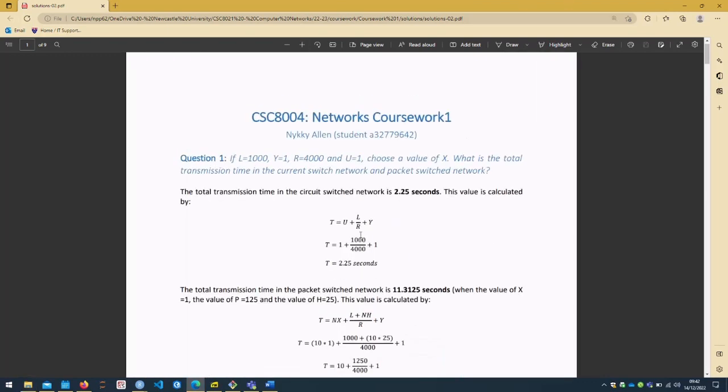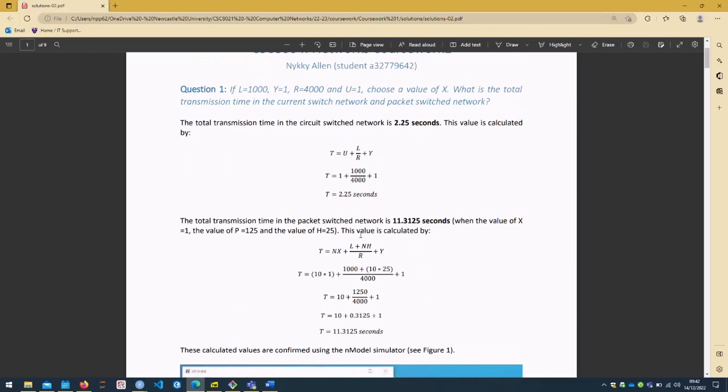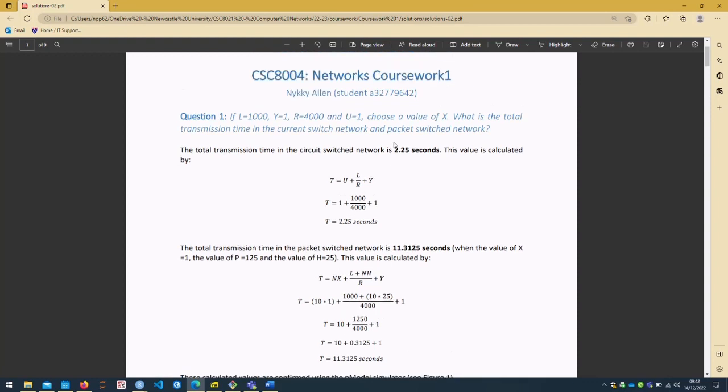Okay, so for question number 1, you're given a set of parameters for the tandem network, right? And then you need to choose a value of x for the packet switch network. For the circuit switch network, you're given all the parameter values, so you just plug them into the formula and you get 2.25 seconds.